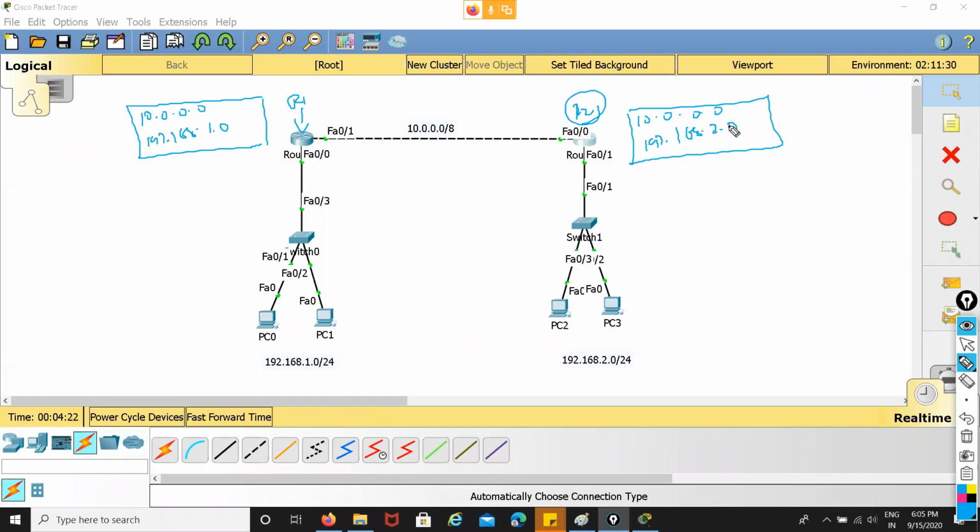Okay. So if I try to share some information between 192.168.1.0 and 192.168.2.0, you can see both the routers don't have the destination network information in their routing tables. So how should I configure this destination network information on the routing table?